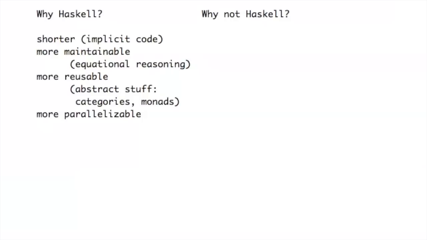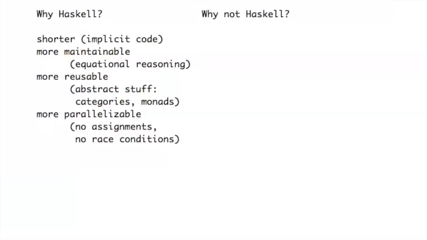Haskell code is also easier to parallelize, which is very important in our modern world of multi-core machines. And the reason for that is that in Haskell, our code tends not to have any assignments, or very few of them. And for this reason, we don't have any race conditions.